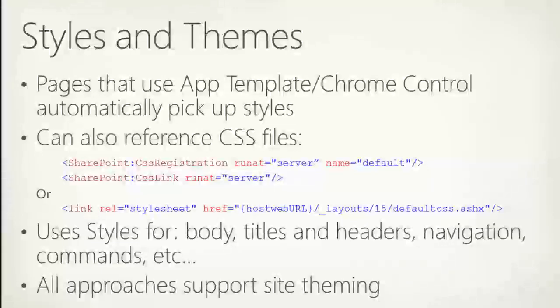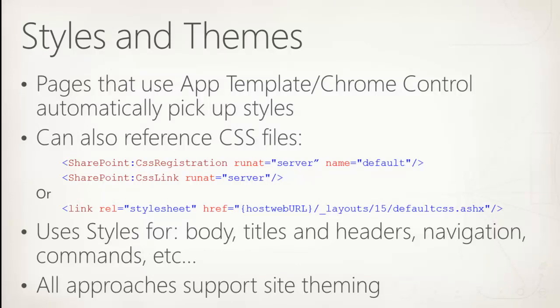And so you can go and reference that CSS file a couple of different ways. If you're on a SharePoint hosted page, we have controls that will automatically do that registration for you. Or if you're on a non-SharePoint hosted page, you can go and specify that link. And using that same JavaScript pattern that I've been talking about, that's how you can go and replace that host web URL based off of what you got from that query string.